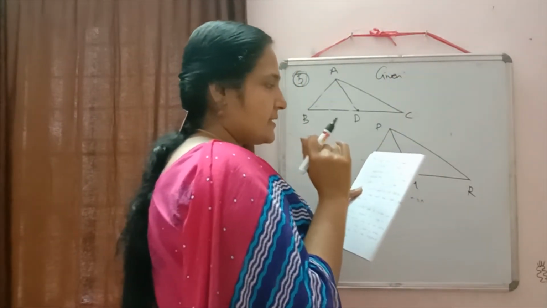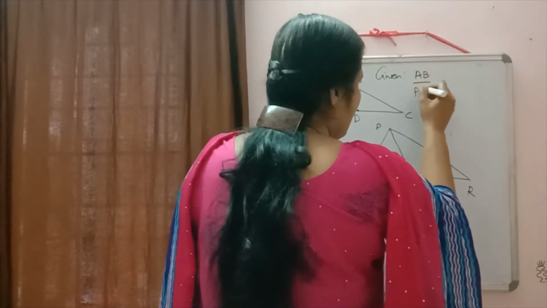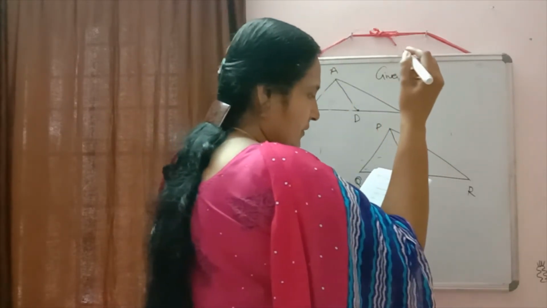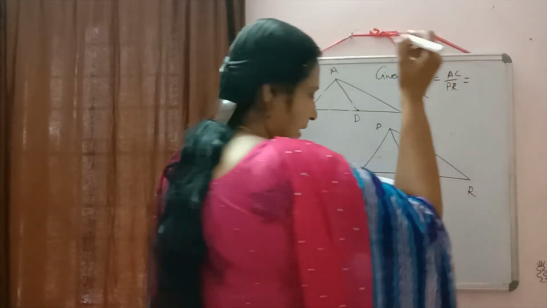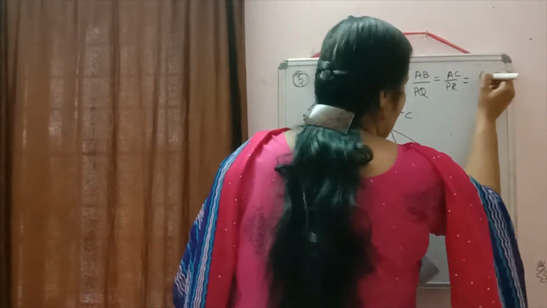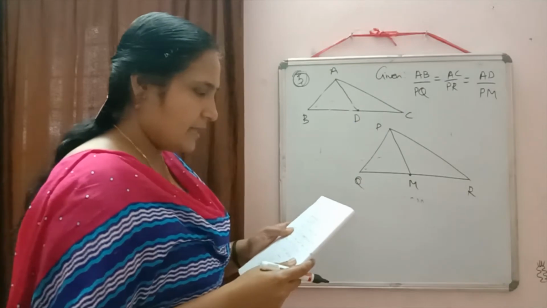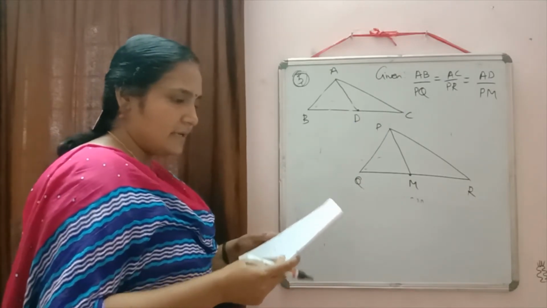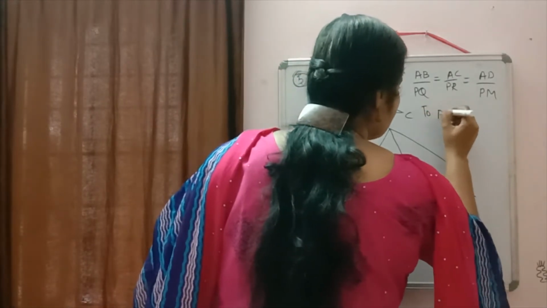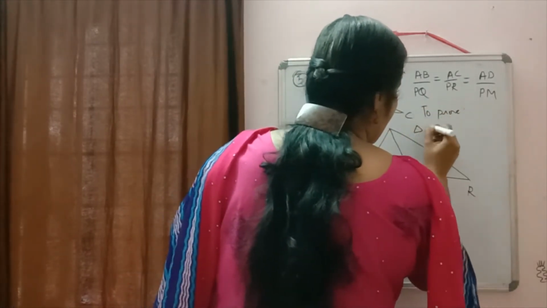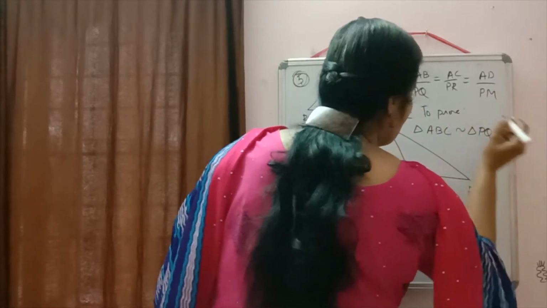Given AB by PQ is equal to AC by PR is equal to AD by PM. This condition is given, and again we have to prove triangle ABC is similar to triangle PQR.